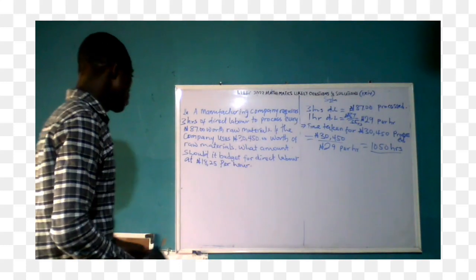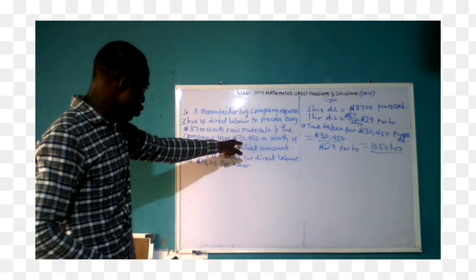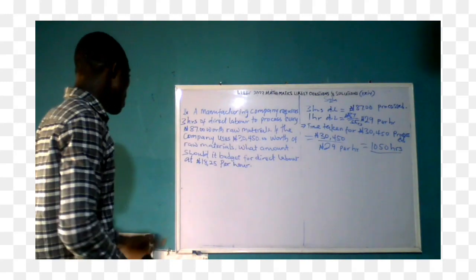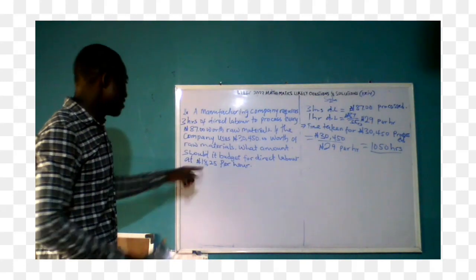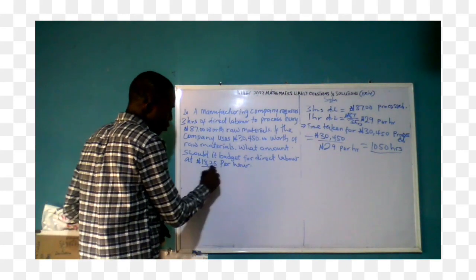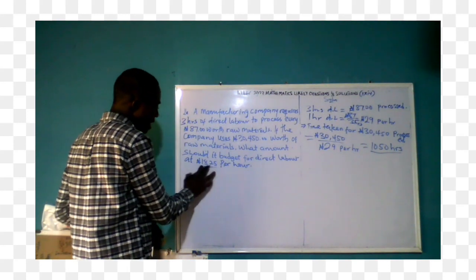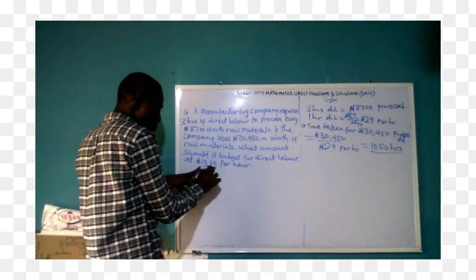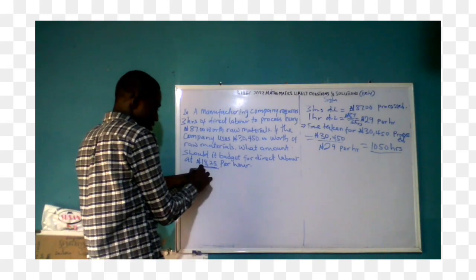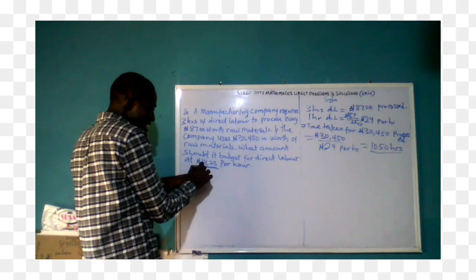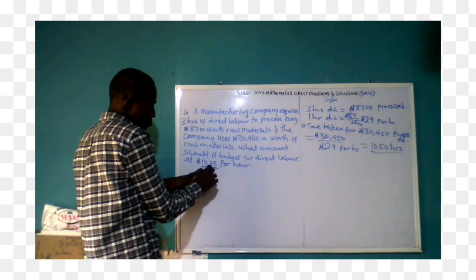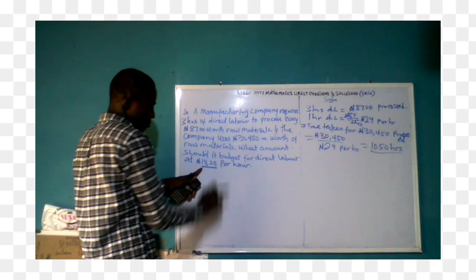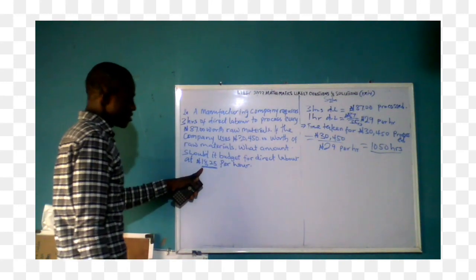They are paying direct labor 18 naira 25 kobo for 1 hour.